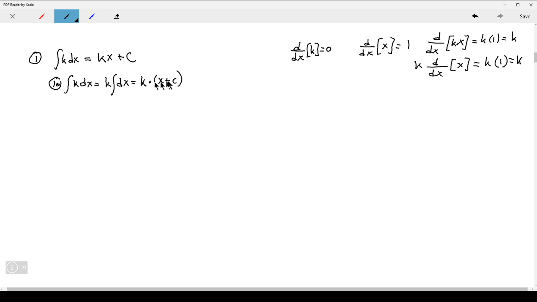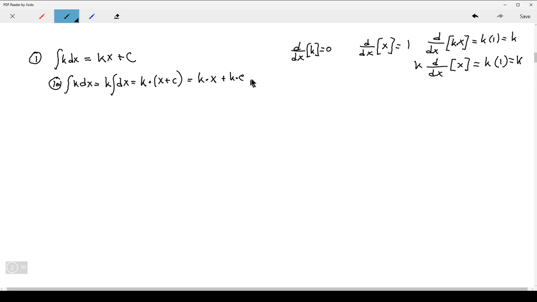So k times x plus k times c. I'm making this a lowercase c, just so you know. K times x is k times x.